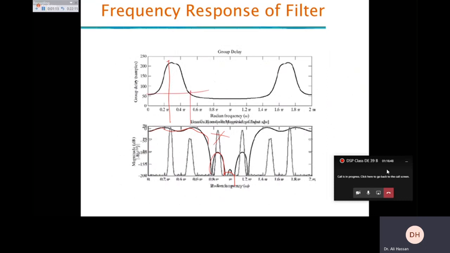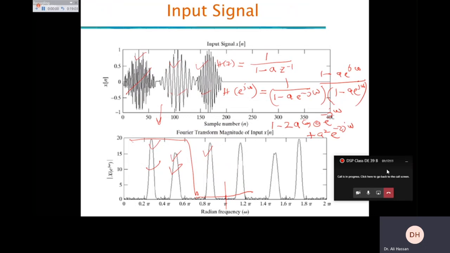So looking at the group delay, you find out how many samples each of the different frequencies in your signal will be delayed. You are less worried about the frequency which this is going to eat up. So if I go back to my signal, this I don't care about because this will be eaten up. But my low frequency will be delayed by 220 samples.